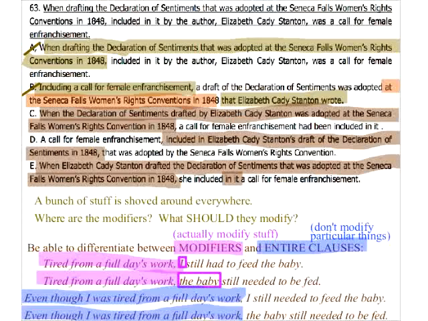So the first pair, this one's correct because it's correct modification. This one's incorrect. These two down here, though, are both fine. So for that reason, these clauses in C and E are not issues because these are like the bottom two.